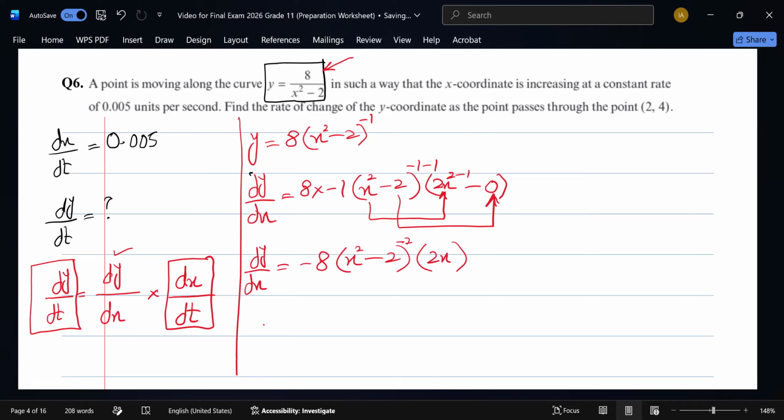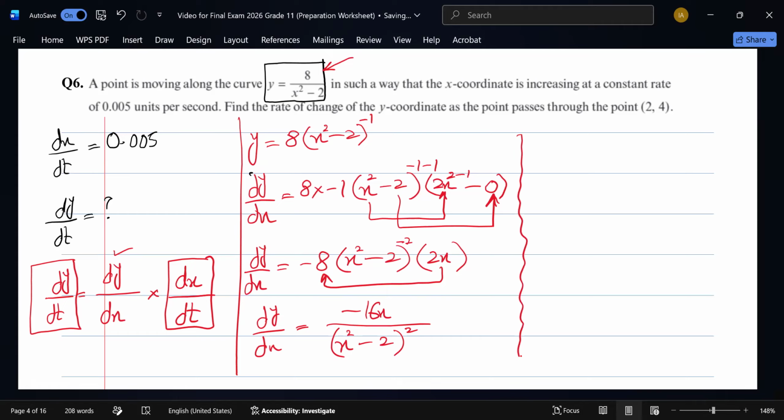Now, dy over dx. What happens? This 2x will multiply this 8, gives you negative 16x, and this bracket comes down in the denominator, and the sign of the power will be changed and becomes positive. Now we substitute the value of x, which is given here.